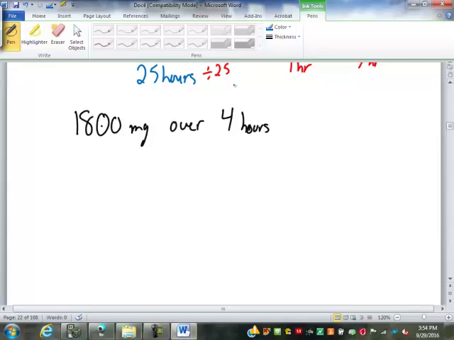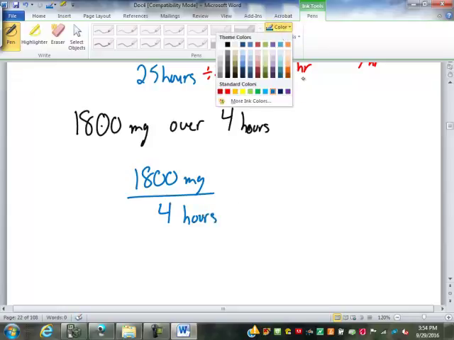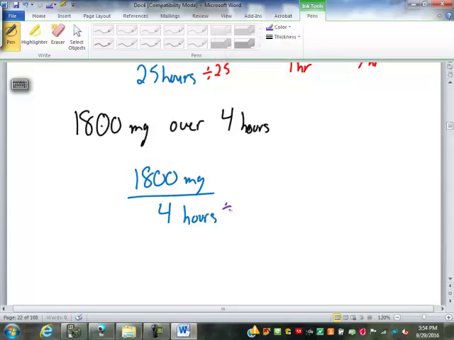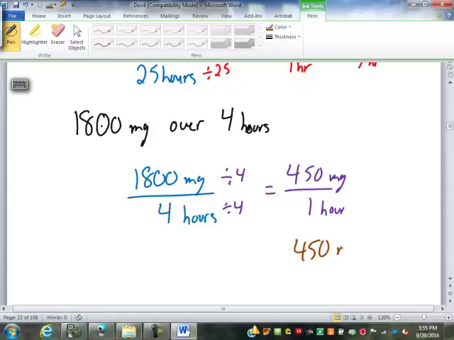And if you're looking at an IV being dripped into the patient, that's 1,800 milligrams over 4 hours. Divide by 4, top and bottom, gives you 450 milligrams over 1 hour, or 450 milligrams per hour.